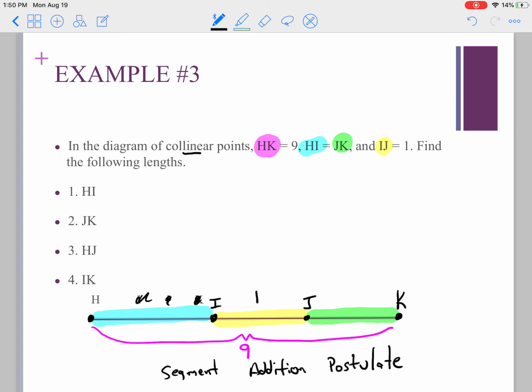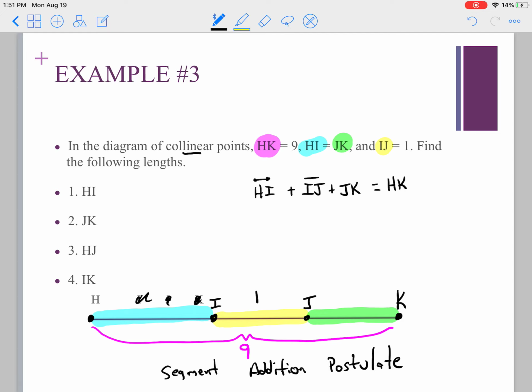And so what can we say using this segment addition postulate? Well, we know that the largest segment is HK, and that HK is going to be composed of the 3 smaller segments added together. My 3 smaller segments are going to be HI. We're going to add that to IJ and also to segment JK.